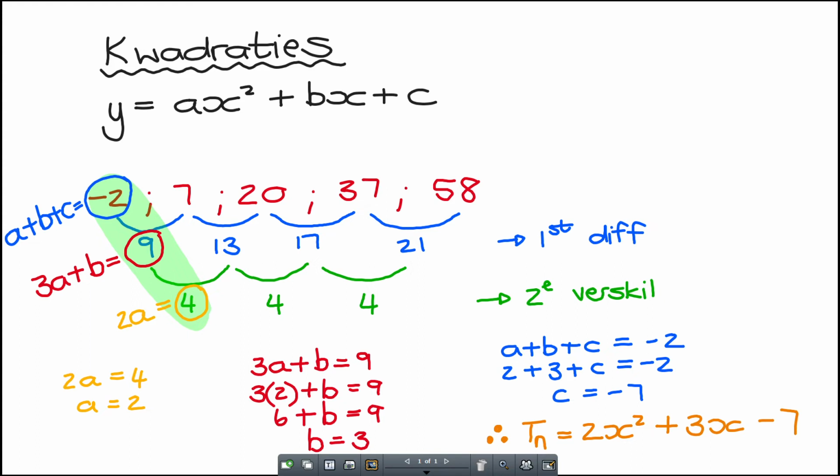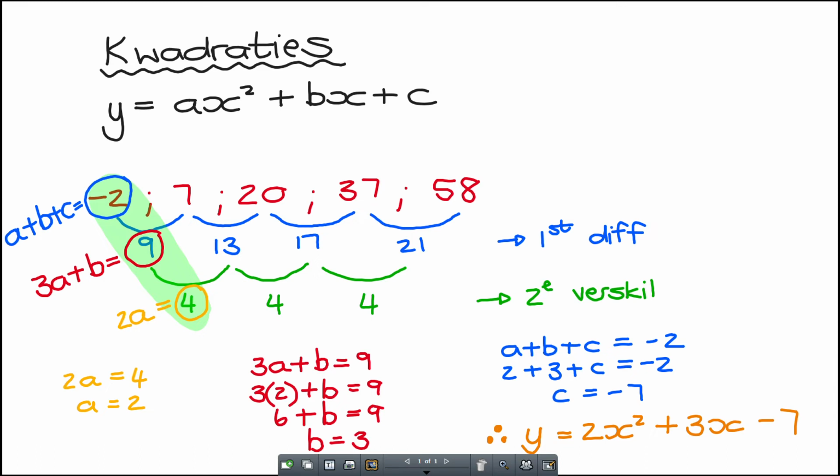If it's not the same, we get second difference. Jy kan sê Y ook, okay? Onthou Y en TN is selfde ding. Kom ons maak maar so Y is gelyk aan. Okay? Goed, so wat jy moet doen is kry tweede verskil.